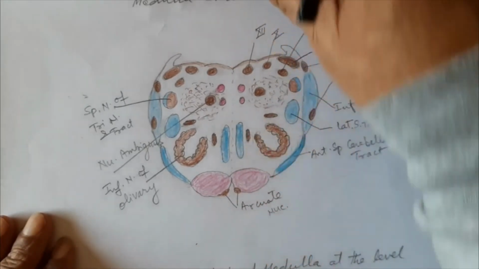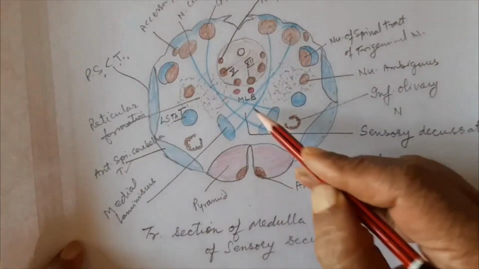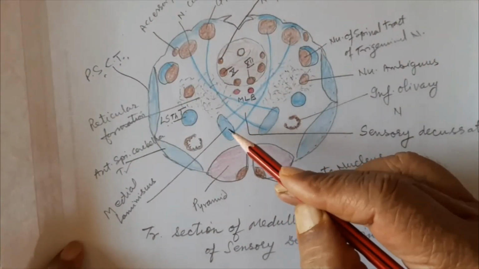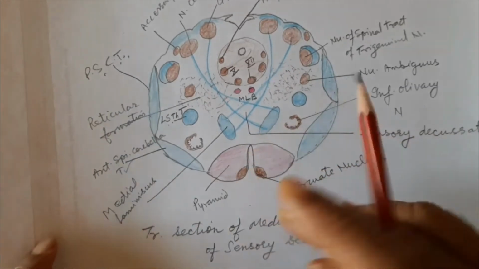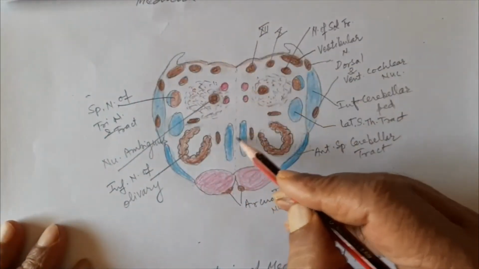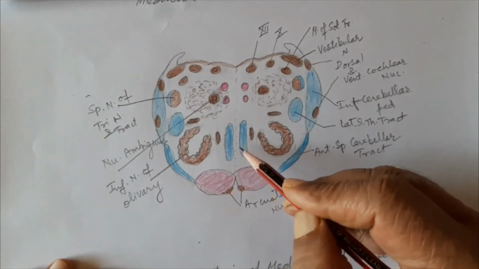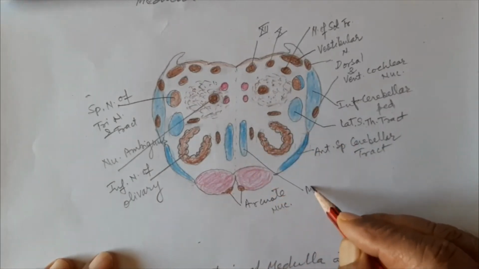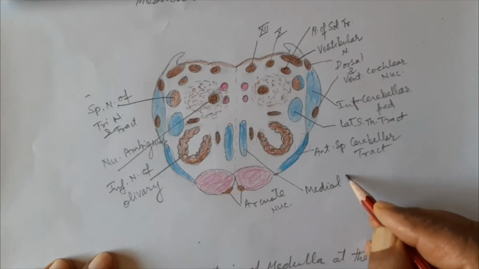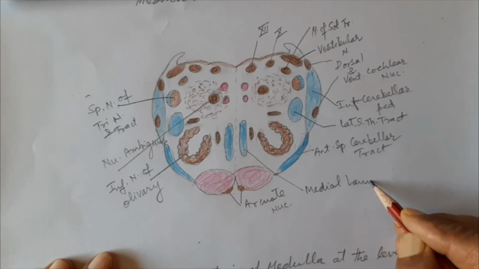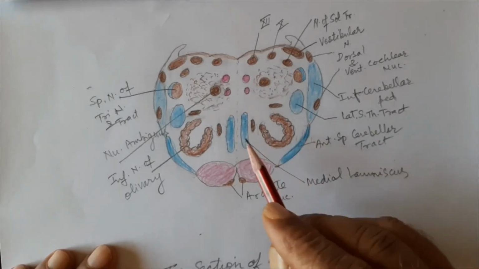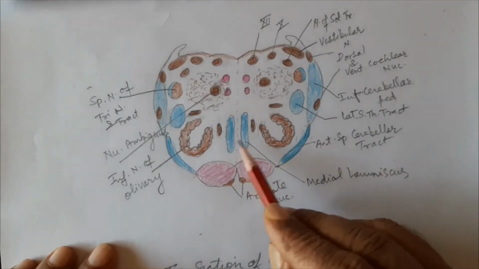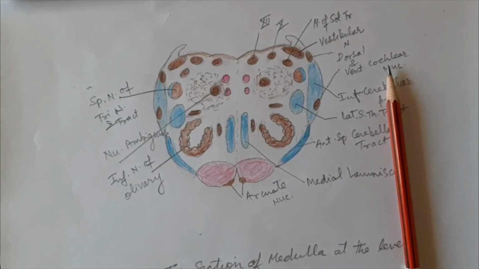This was formed after the decussation of the internal arcuate fibers, and it is now ascending upward on either side of the median plane. This is the medial lemniscus, which carries the conscious proprioceptive fibers to the thalamus.